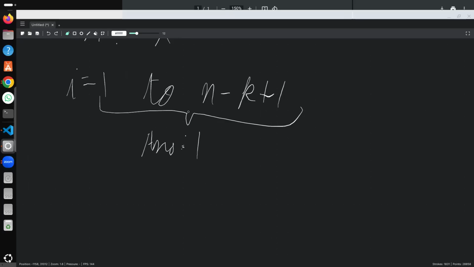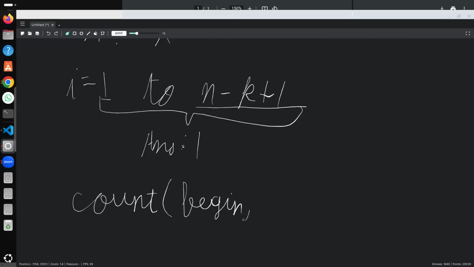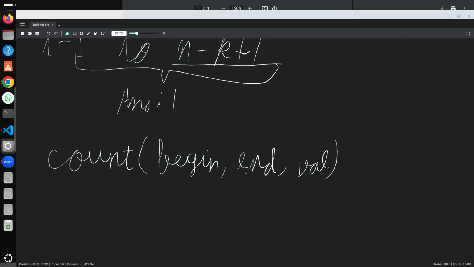You got the logic, right? So I just counted all the ones from i equal to 1 to i equal to n minus k plus 1. There's a count function which takes the begin iterator of the vector, the end iterator, and the value that we want to count. And the end iterator is exclusive, so whatever we pass in there is not counted.